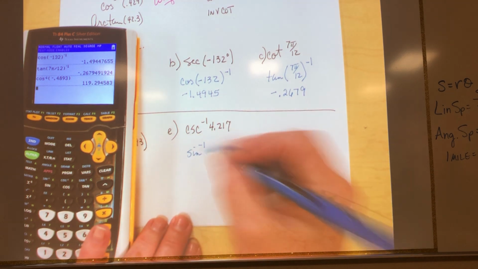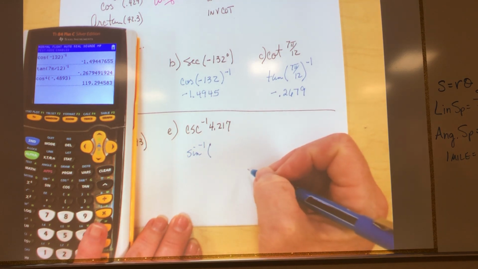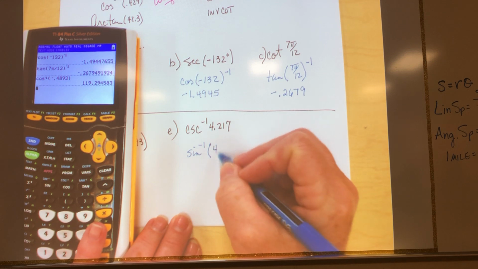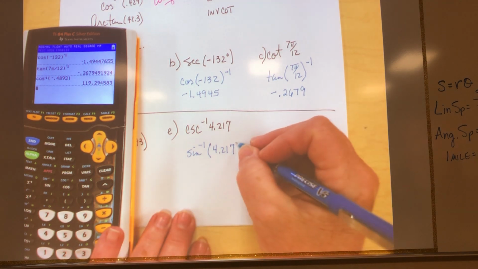Alright, so inverse sine of 4.217. Close the parentheses and then put a negative. Okay, when I do the reciprocal button, do I do it inside the parentheses or outside the parentheses? Inside the parentheses. You're looking for an angle.